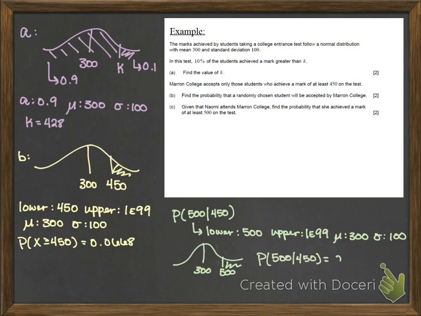So that probability is 0.022. We found the probability of 450 in part B, which is 0.0668. So the probability that Naomi scored at least a 500 on the test given she got into Marian College, aka scored a 450, is 0.341.